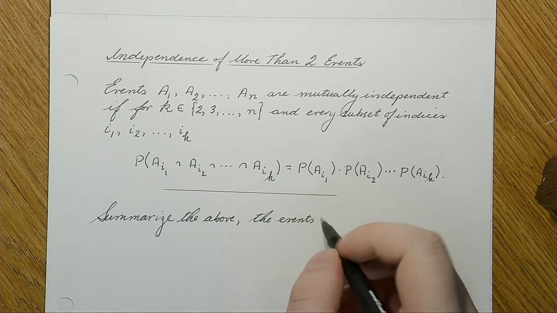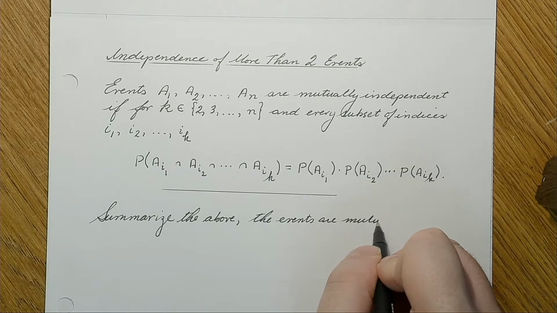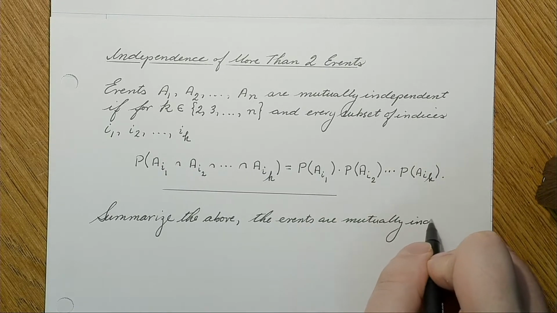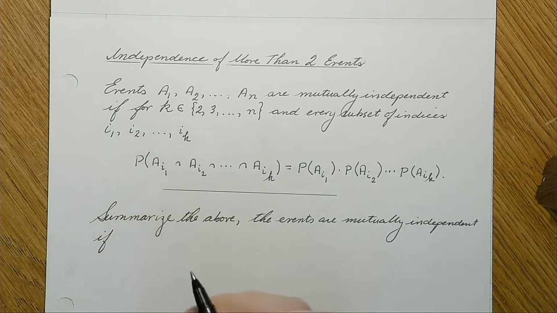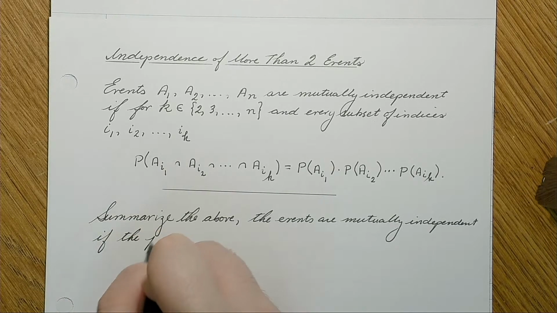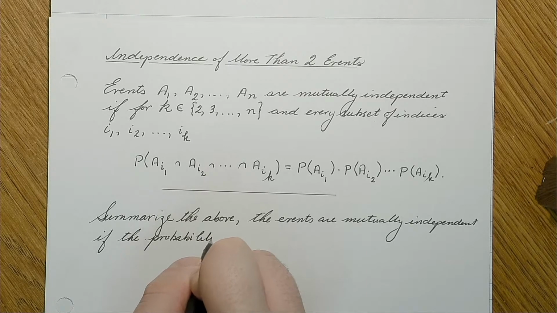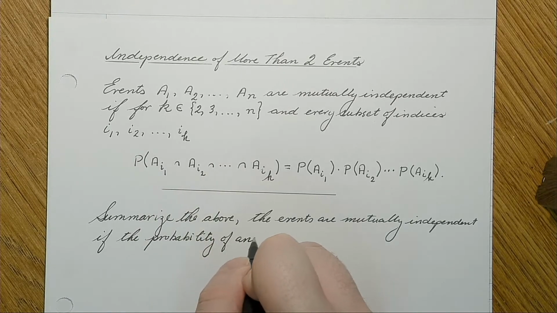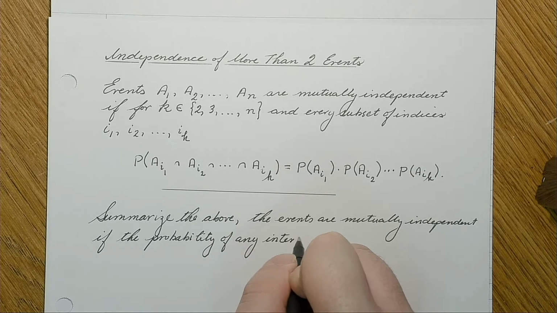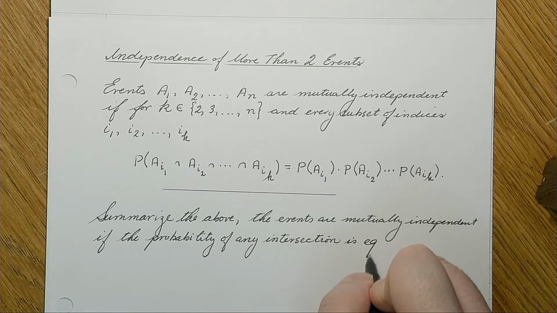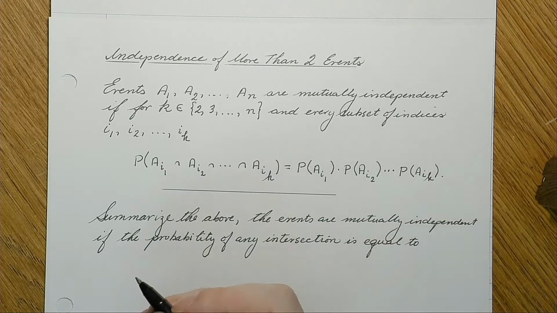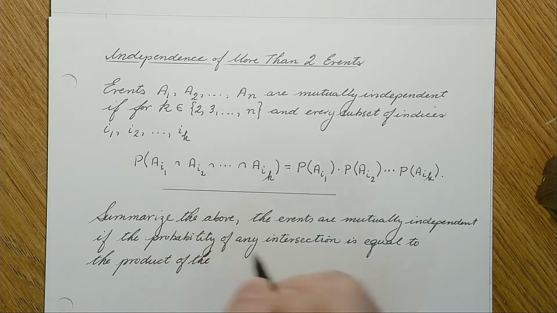The events are independent if the probability of any intersection is equal to the product of the individual probabilities.